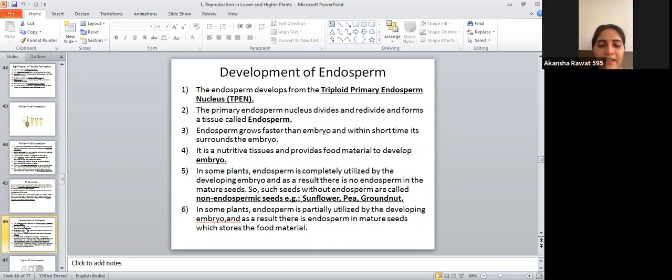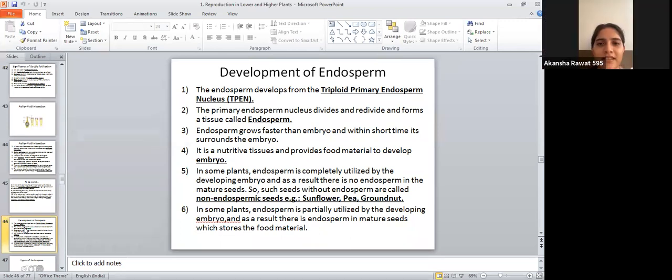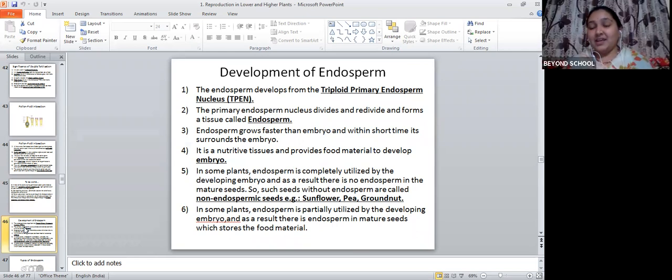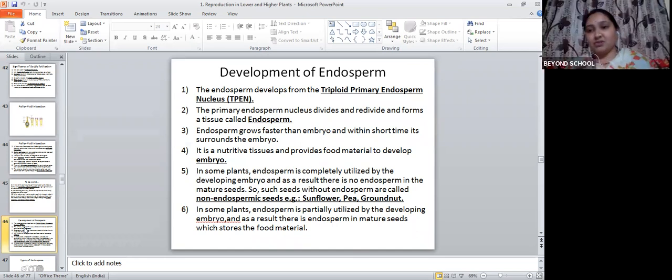Now let us move towards our next topic, that is development of the endosperm. See, Akansha, I have kept all these concepts in a clumped format. The reason behind that is they are all interlinked with each other. If in between I start with pollination and leave it in part, and whenever I teach you endosperm, or double fertilization, or the female gametophyte, I have to revise it back.